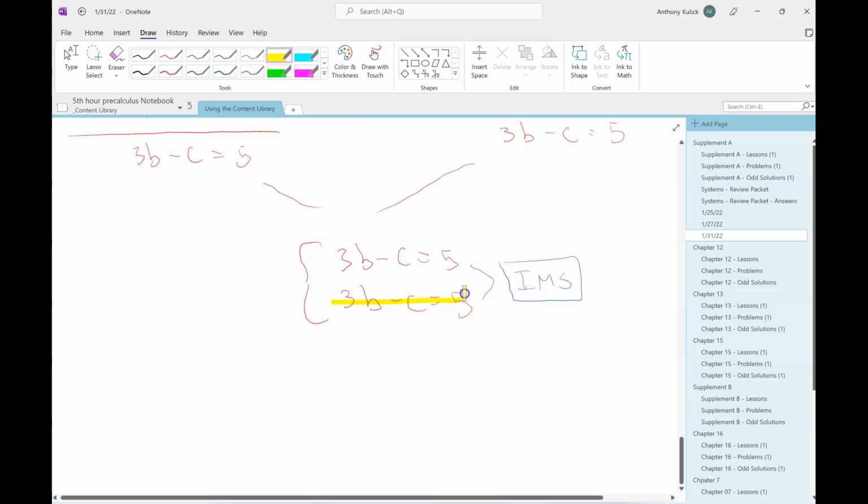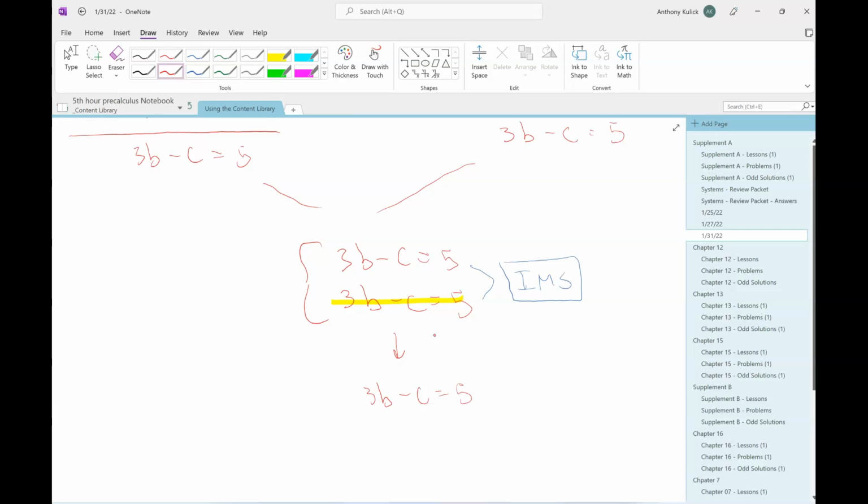So once we have a two-variable equation, we're going to take that and solve it for either, or get one of the two variables by itself. It doesn't matter which one you do. In fact, there's three versions of this answer that would be correct. One answer that involves just C's, one that involves just B's, one that would involve just A's.